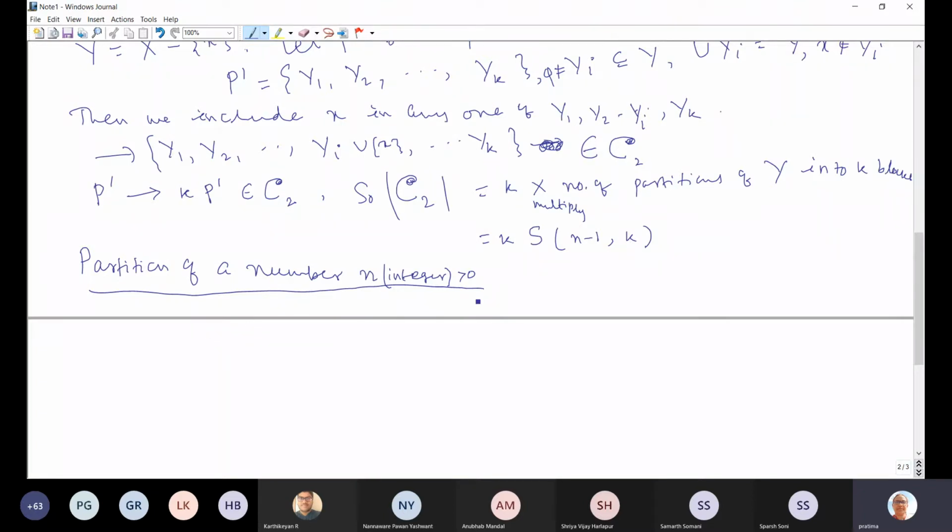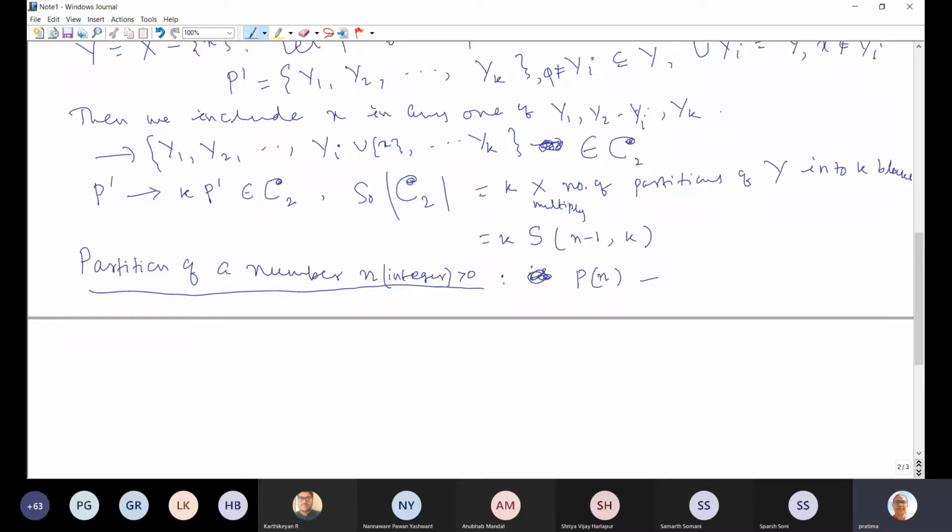Let me write down what is the meaning of partition, and then I'll give an example. Partition of a number n means this. There is a notation for this, Pn.